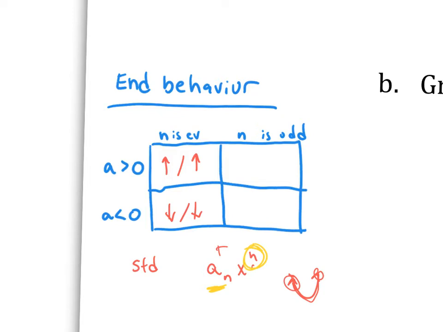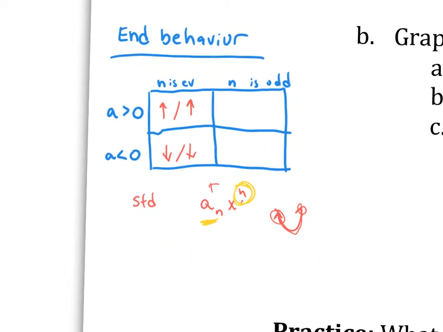When n is odd, we're going to get a situation where we have a line like this, or a curve like this, or it can even get crazy like that. But the point is, it starts low and ends high, or we can flip it, depending on the value of a. So if n is odd and a is positive, we start low and end high.